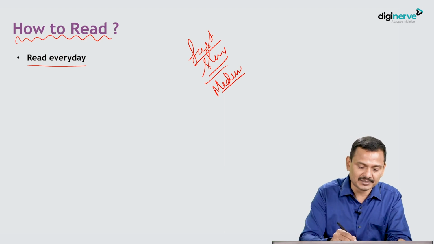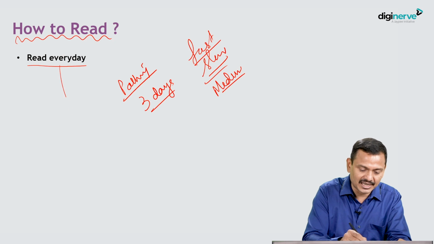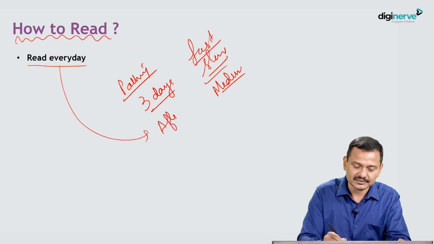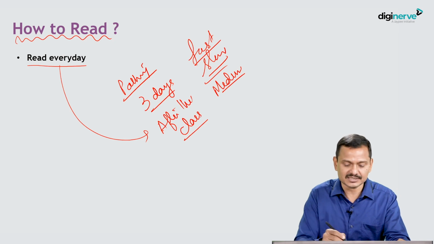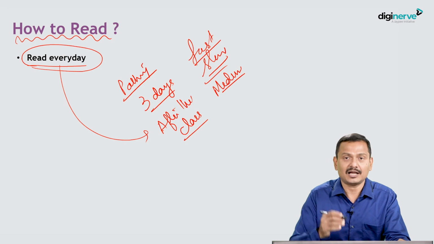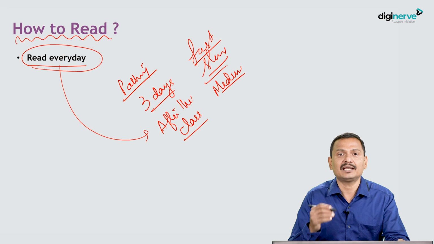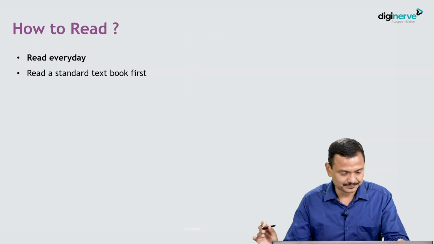Suppose for example you have pathology classes 3 days a week. Make sure that after the class you go and read the portion. So 3 days a week you can at least give time to the subject, and the good thing is that if you read the chapter after the class, there will be better understanding and you can clarify your doubts in the subsequent class.